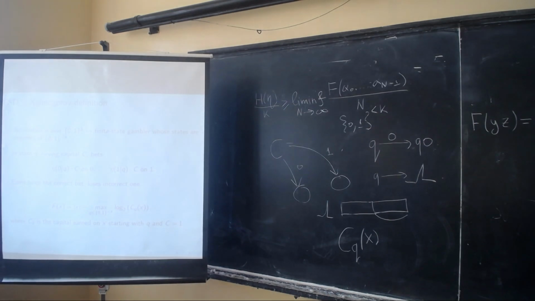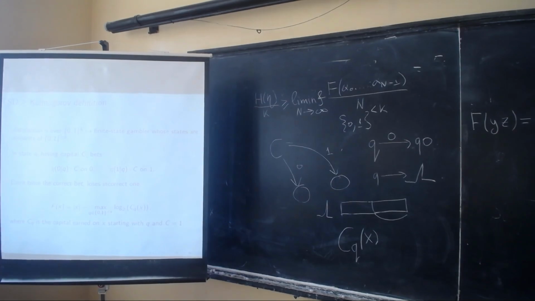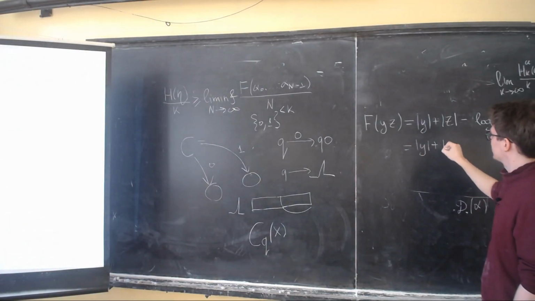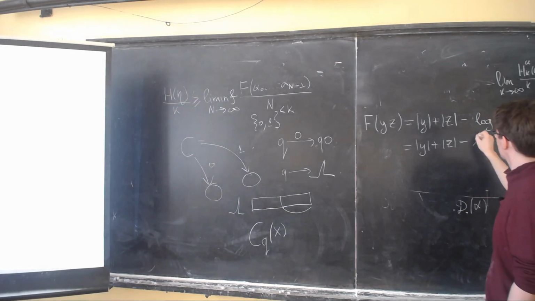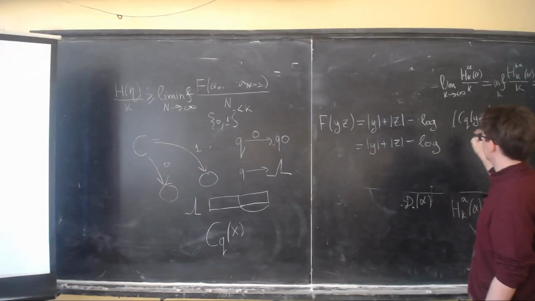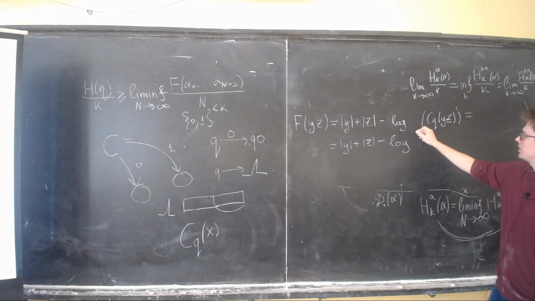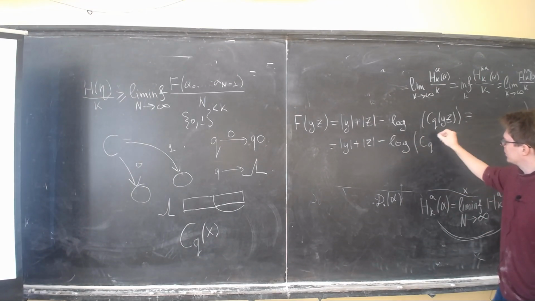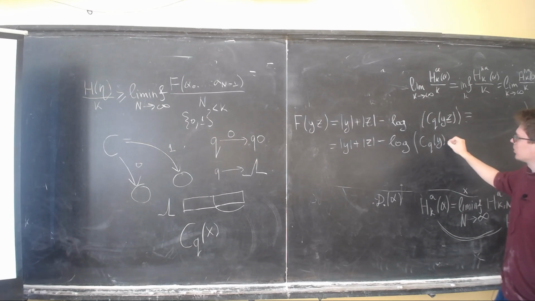And the crucial thing is that we can write it as follows: the length of y plus z minus log. We can write this capital as a product of 2 capitals. Namely, the machine starts in Q, reads y and earns some amount of money.